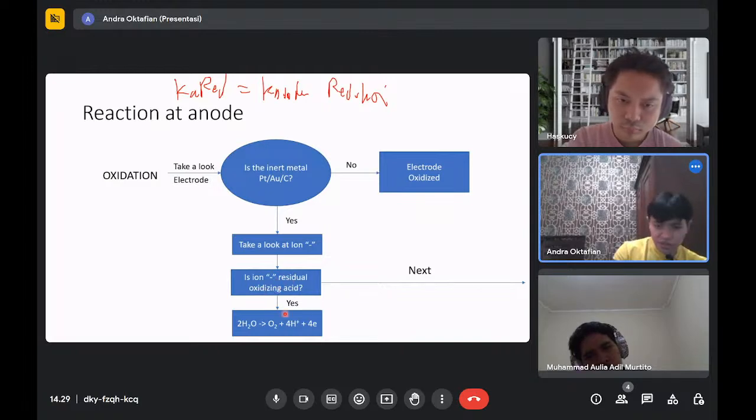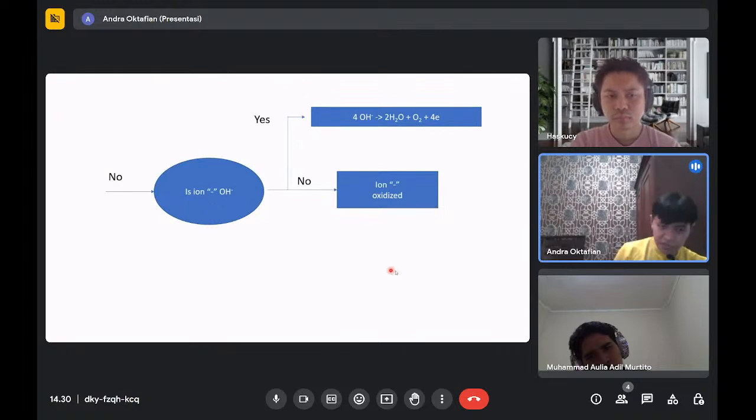If we answer yes, then just put these reactions at the anode. When it comes to no, then we take a look next. Is the negative ion hydroxide? If the answer is yes, then just put these equations at the anode.